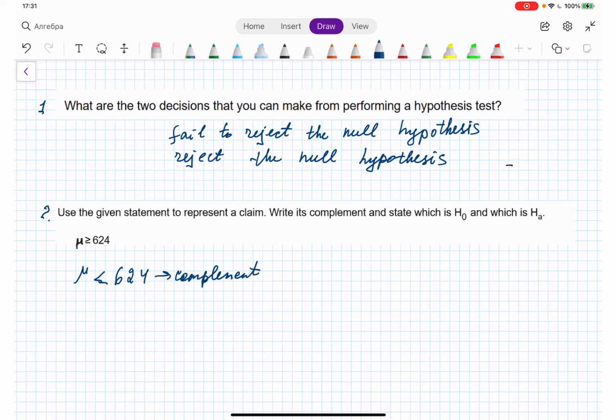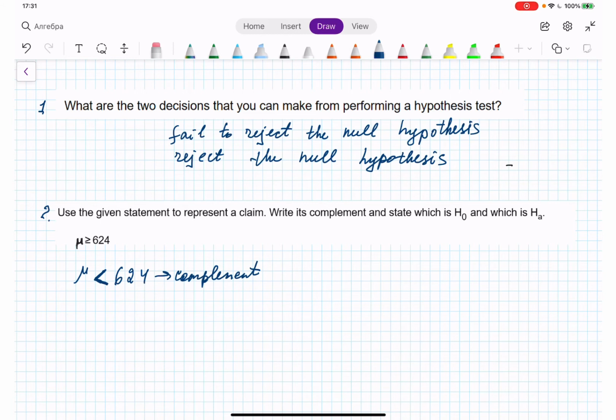Now, how do we figure out which one is the null hypothesis and which one is the alternative hypothesis? The null hypothesis always carries the equal sign. Why? Because we always start with trusting, and trust but verify, right? We always start with trusting, that is the equal sign, and we test the equal sign.